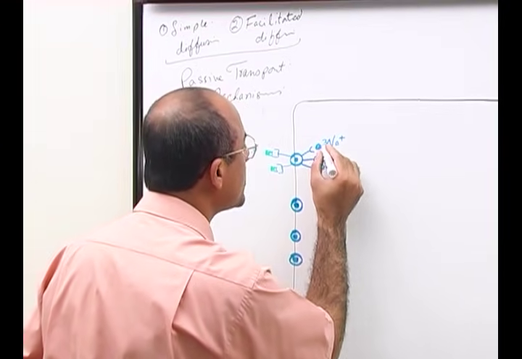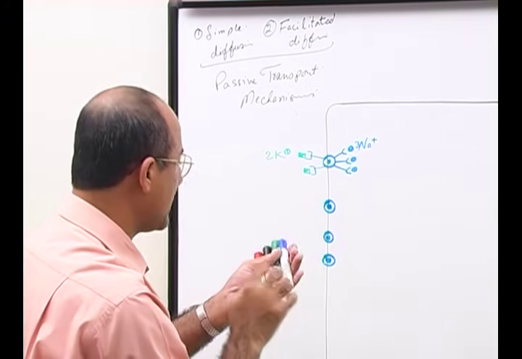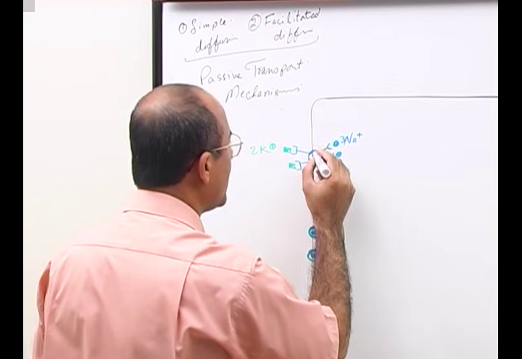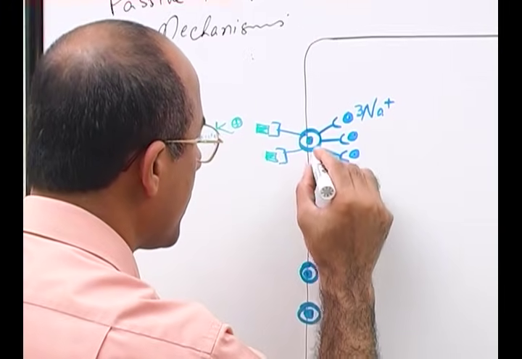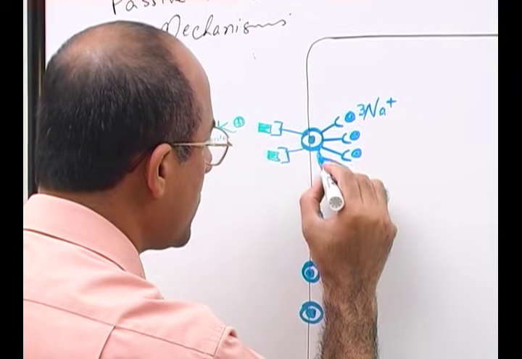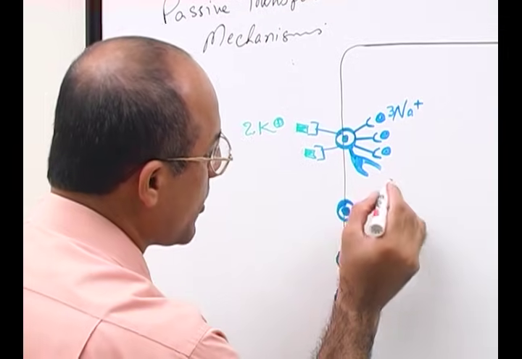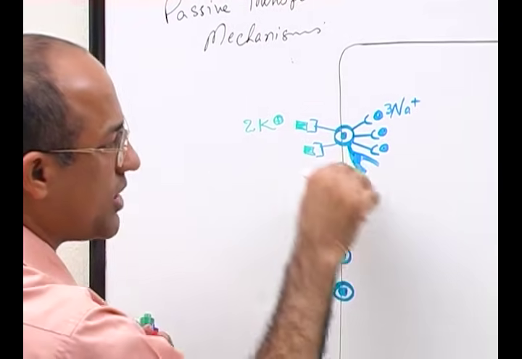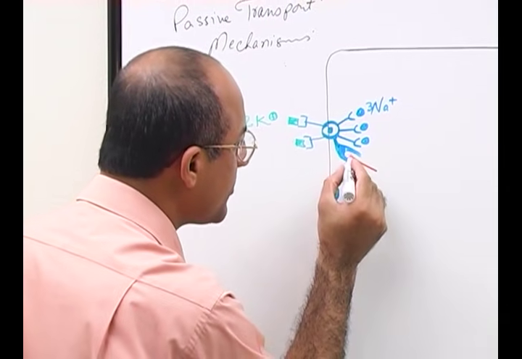Usually they bind 3 molecules of sodium. When this molecule is loaded like this, it opens a special pocket here. And in this pocket, what will fit in?